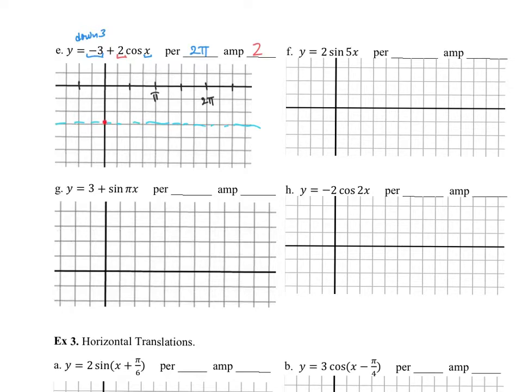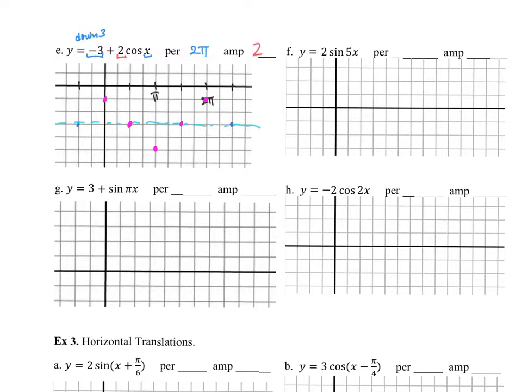The cosine of 0 is 1, but it has an amplitude of 2, so from the midline, I'm going to 2. At pi over 2, the cosine is 0, so I'm going to stay at my midline. The cosine of pi is -1, but the amplitude's 2, so I'm making -2. Then I go back to my midline, and I finish my period at 2 pi, and then it would continue this pattern infinitely.